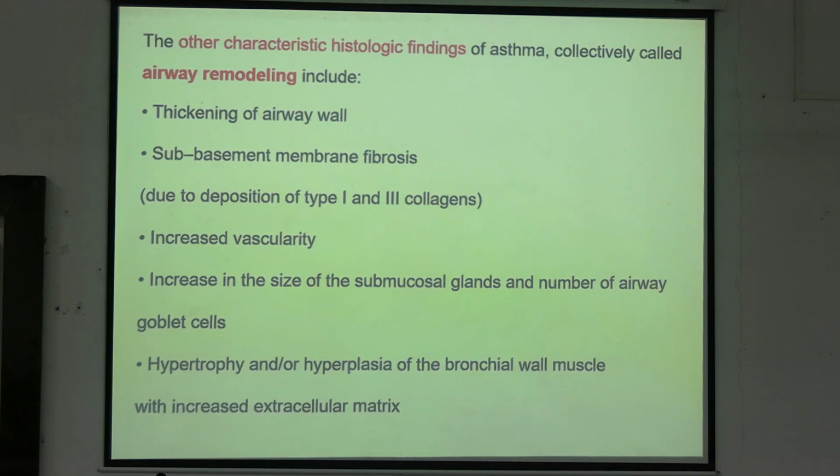Airway remodeling we just spoke about. The features are thickening of airway wall, sub-basement membrane fibrosis, increased vascularity, increase in size of submucosal glands, and airway goblet cells are also increased, and hypertrophy and hyperplasia of the bronchial wall muscle. So these are the features of airway remodeling.